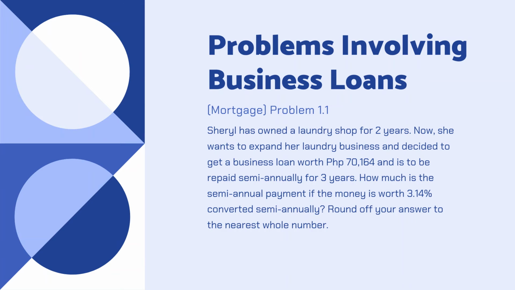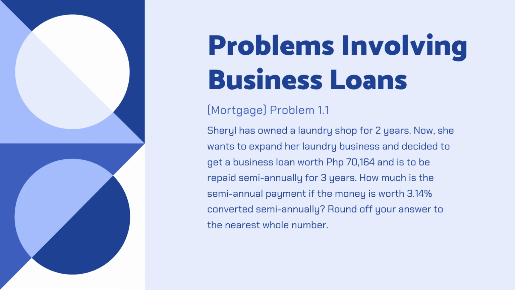Since we have already given 2 examples of consumer loans, let us now solve problems involving business loans. Cheryl has owned a laundry shop for 2 years. Now, she wants to expand her laundry business and decided to get a business loan worth 70,164 pesos and is to be repaid semi-annually for 3 years.